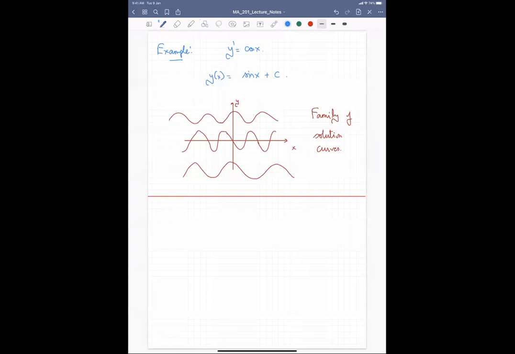Okay. So the last thing that I want to talk about is understanding the geometric meaning of first order differential equations. And we will introduce what are called direction fields. It sounds complicated, but it's actually quite simple to understand.